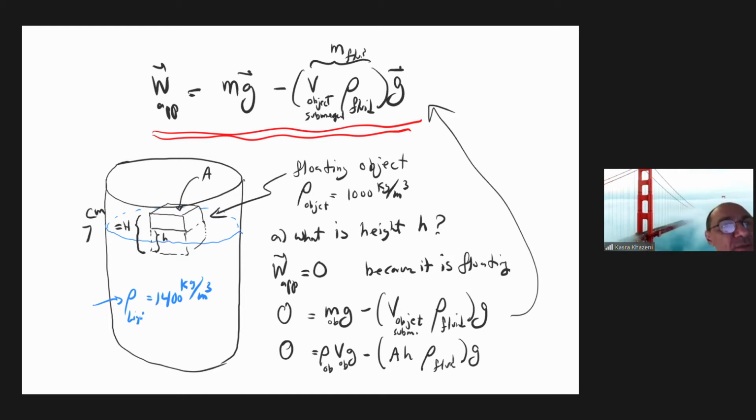I should write this down so you know what this is. Archimedes' principle just says whenever you submerge an object in water, it loses weight by the amount of the weight of the displaced liquid or fluid.